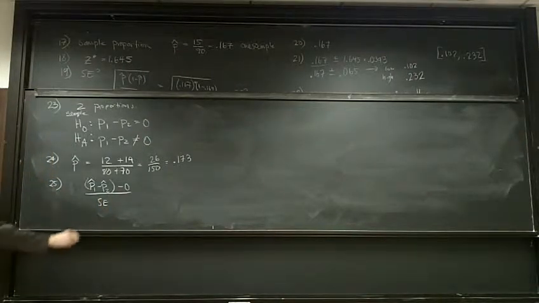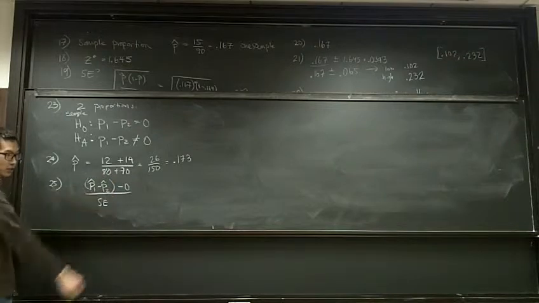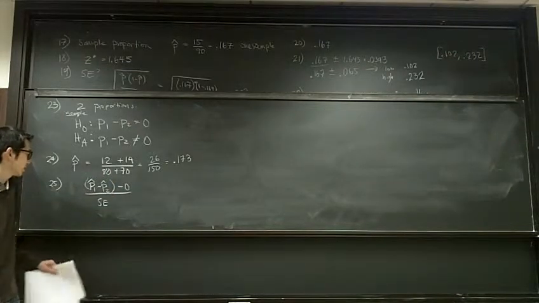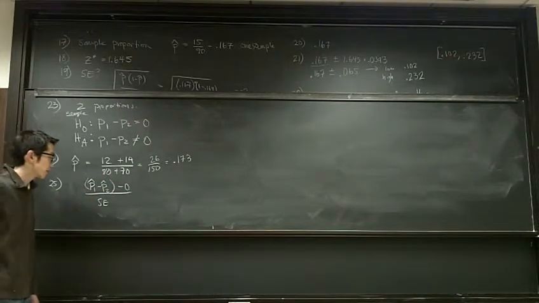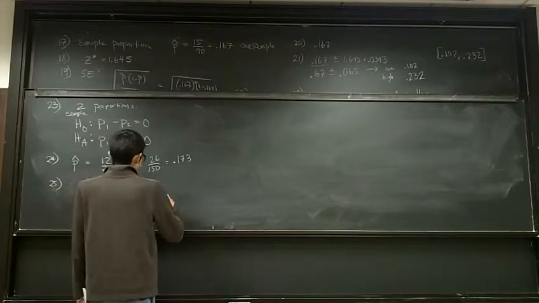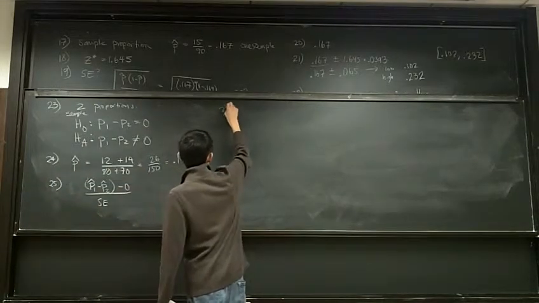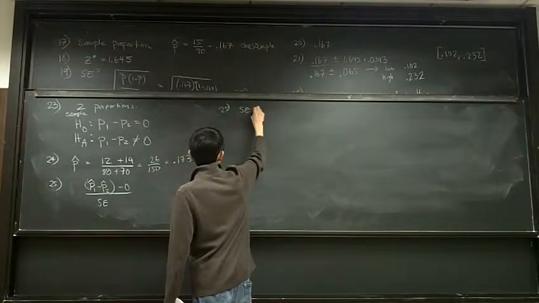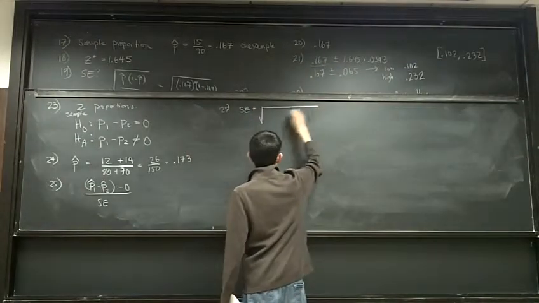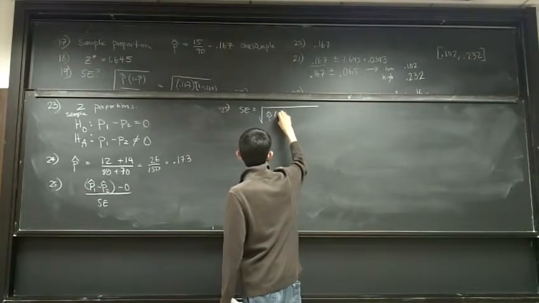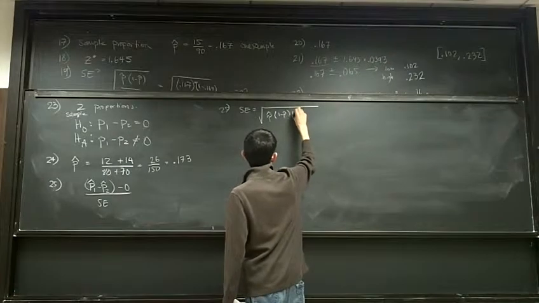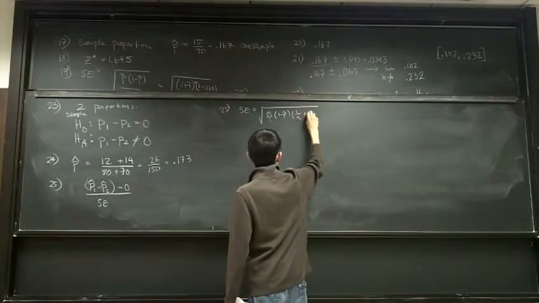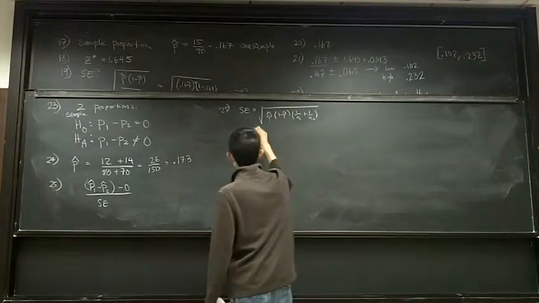This is our observed difference in proportions that goes on top, and we divide by our standard error. So what is our standard error? My standard error is going to be the square root of P hat times 1 minus P hat, times 1 over N1 plus 1 over N2.